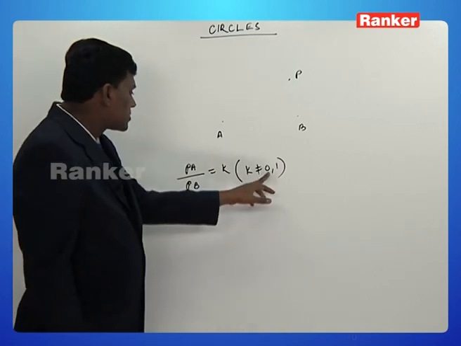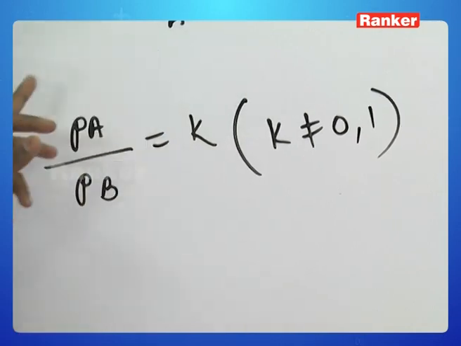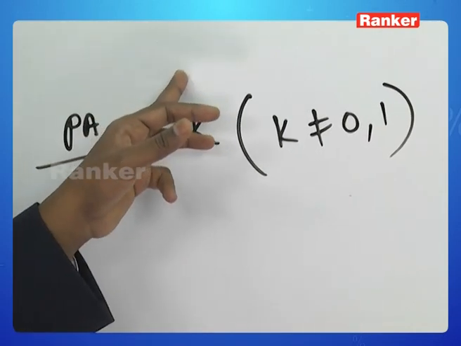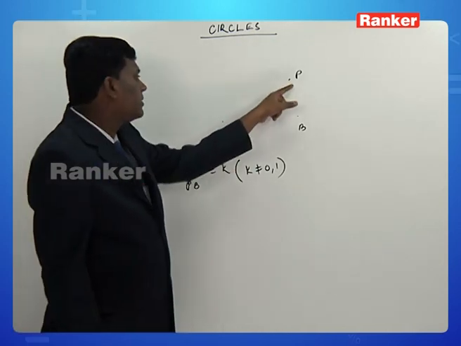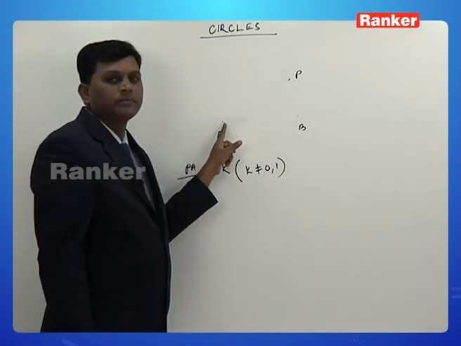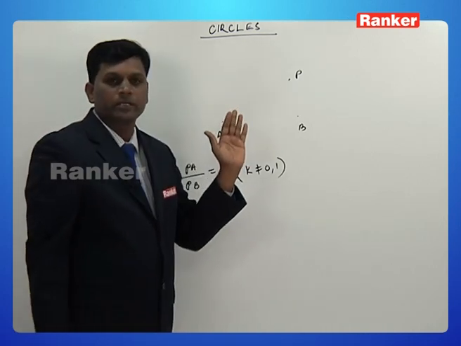If this is equal to 0, PA by PB equals 0, then PA equals 0 will come, then A and P both will be coinciding, then P will become the fixed point A. So that's why I am taking out that case separately.